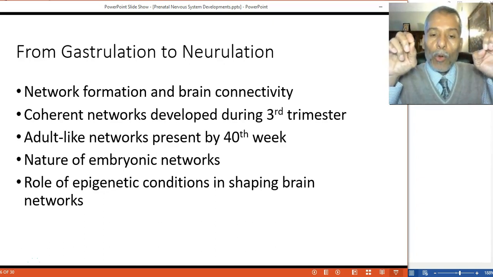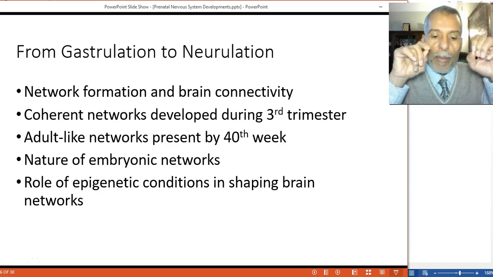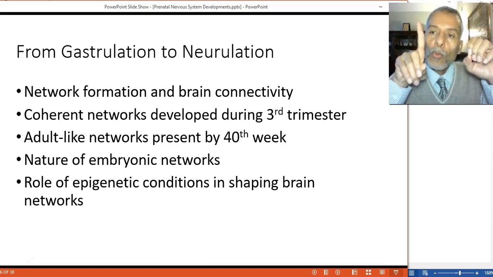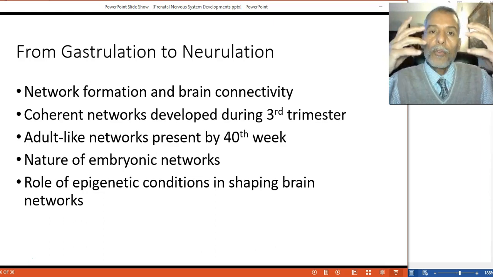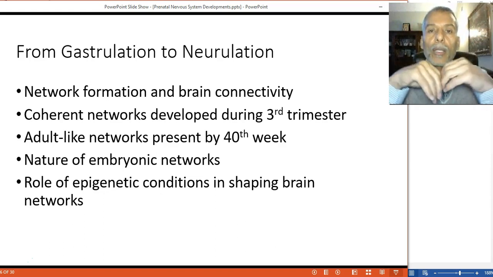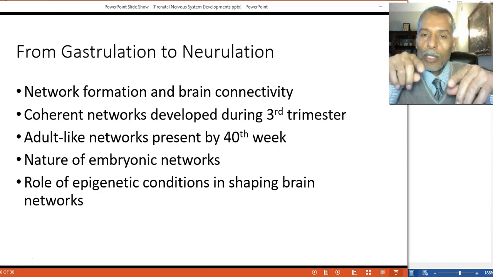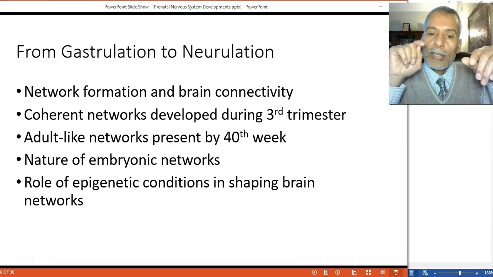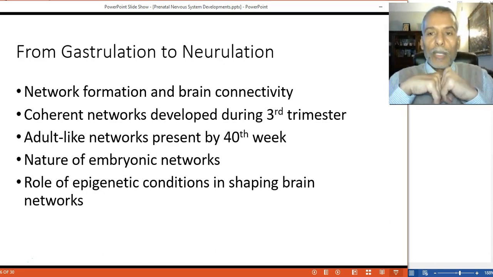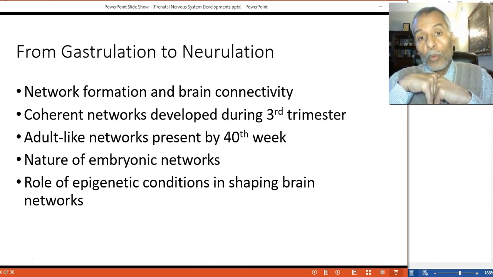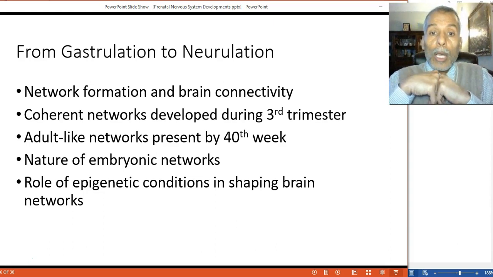When the baby is born, the baby has less than 1/3 of the size and the weight of the brain of the adult. The adult brain is about 3 pounds, 3.1 or so on average, and the newborn is born with 0.9 of a pound. That's the normal weight. Of course, a mother who smokes is going to have a baby with a brain that has much less weight than that.